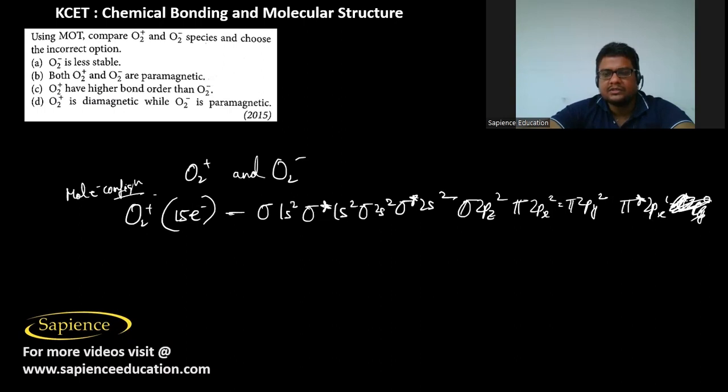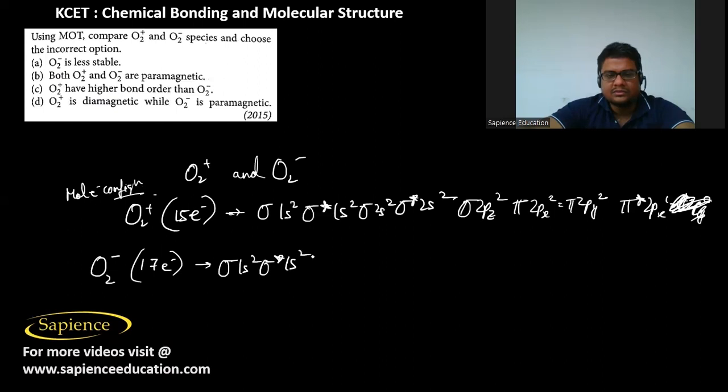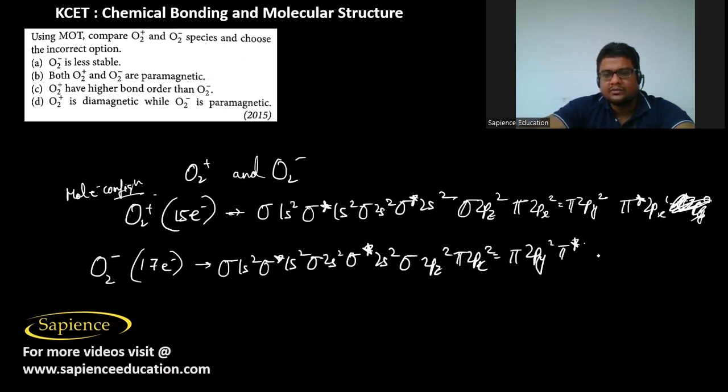So we only write till pi star 2px1. And then the molecular electronic configuration for O2 minus species, it has got 17 electrons. So its molecular electronic configuration will be sigma 1s2, sigma star 1s2, sigma 2s2, sigma star 2s2, then sigma 2pz2, pi 2px2 equal to pi 2py2, pi star 2px2 equals to pi star 2py1.